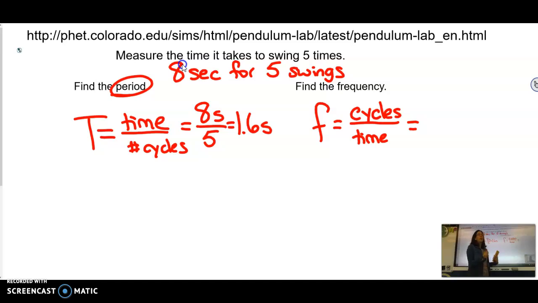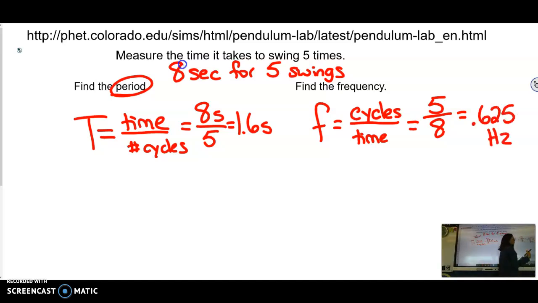That's why we get a unit of hertz, because we're dividing by a second. So in this case, it's 5 cycles, and it took 8 seconds. So when I do 5 divided by 8, I get about 0.625, and the unit there is hertz.